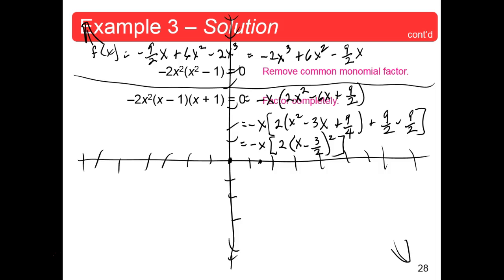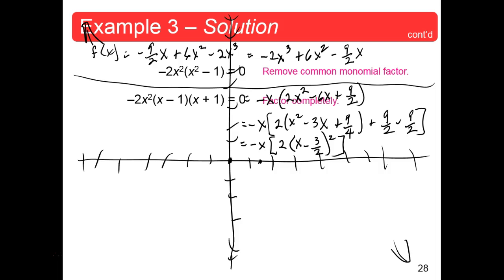Now, how many zeros would we expect to have? 3. Now, we only wound up with 2. That would work okay, and I think it will, because this one might wind up being a double 0, wouldn't it? Because this is squared, right?